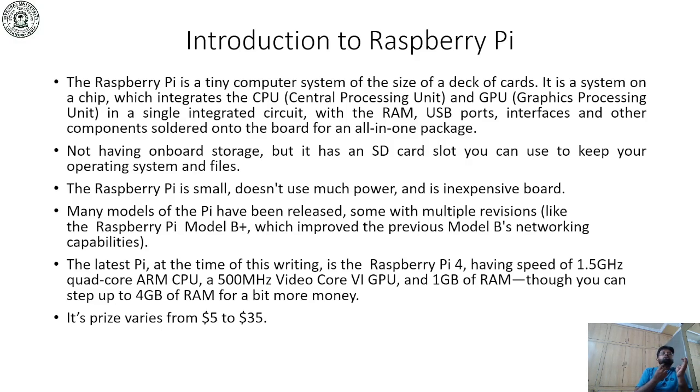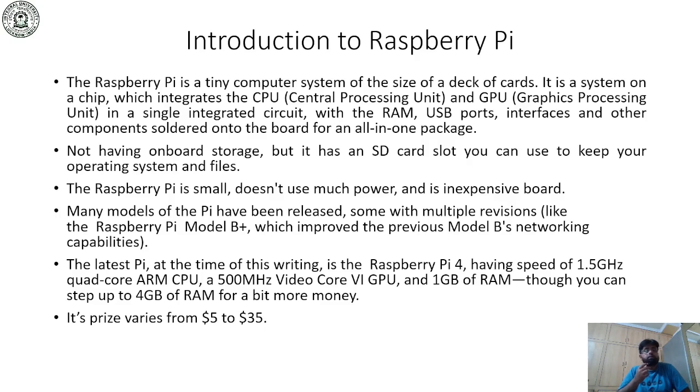So there is basically no internal secondary memory. We put an external memory, that is an SD card, in the Raspberry Pi module, which must have the operating system, and you can also keep your files and folders in the SD card.